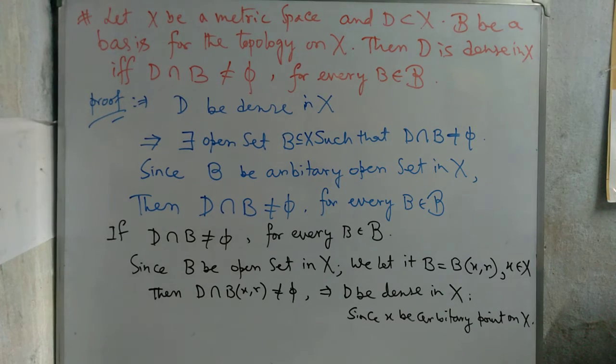That means some open set, some open ball, in this way. D intersection B(x) is not equal to phi, this implies D is dense. D is dense means D intersection B, that means some basis element. Some open set, and obviously this open set represents some basis element.